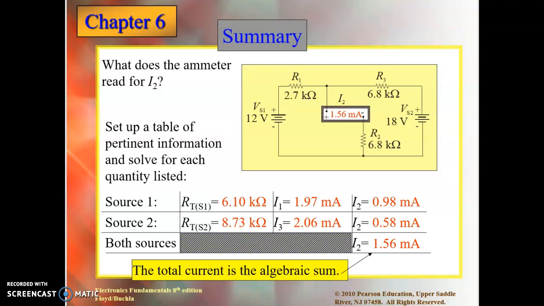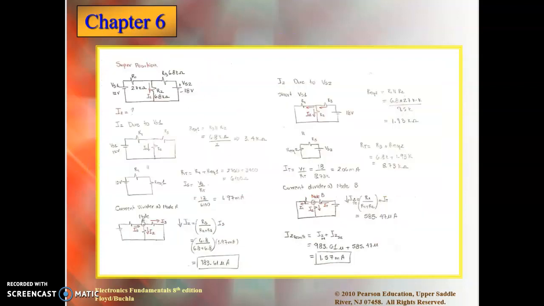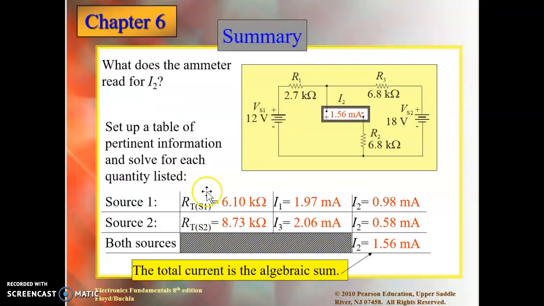Oh yeah, they gave us an answer right here. They read 1.57 milliamps. Is that what we got? Yes, 1.57 milliamps. They said to set up a table of pertinent information and solve for each quantity. Due to source 1, we get 1.97 milliamps. I2 is 0.98 milliamps. Due to source 2, 0.59, they add up. So yes, they add up because they both have the same direction. So that's good over there.